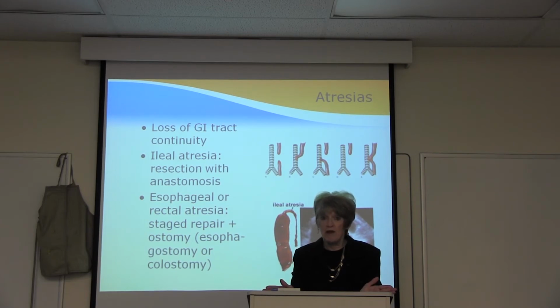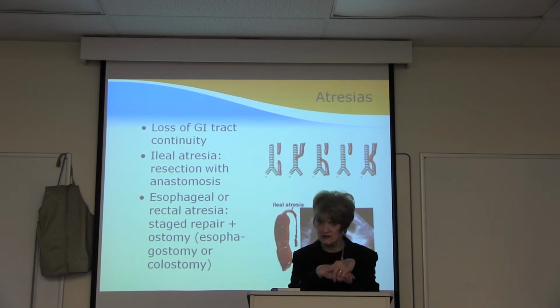If it's in the small bowel, whether it's duodenum, jejunum, or ileum, they just go in, resect the little section that is non-patent, and connect the two ends together. No ostomy is required, and you would not be consulted. So I want you to know the term, but I'm not going to test you on that because that's very unlikely to result in a diversion.